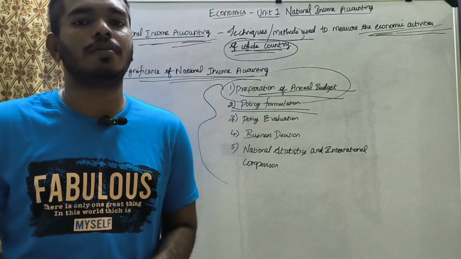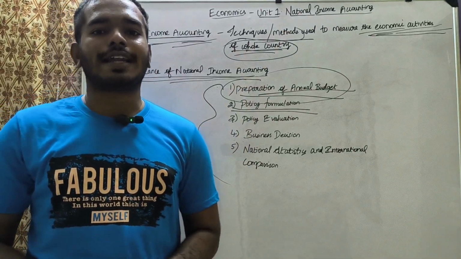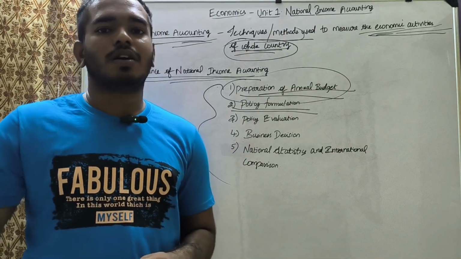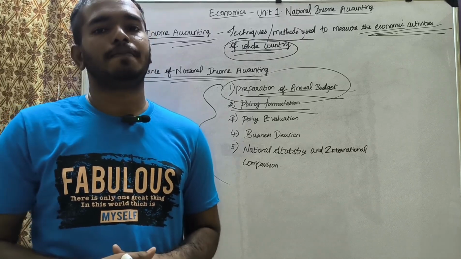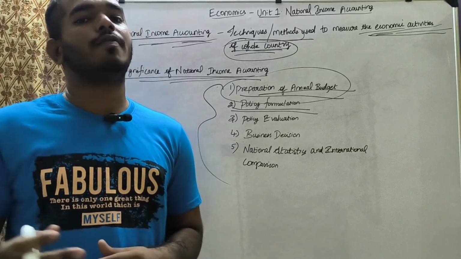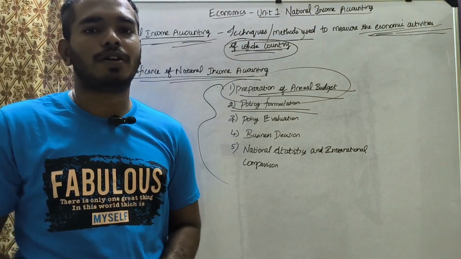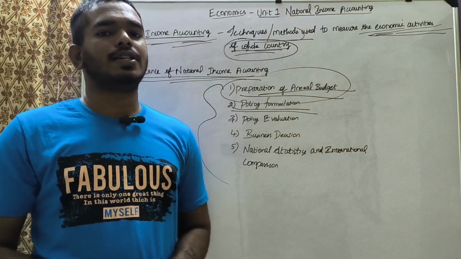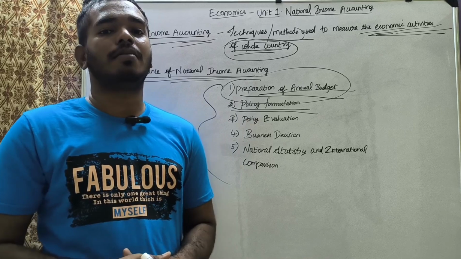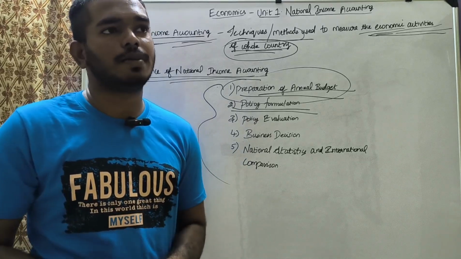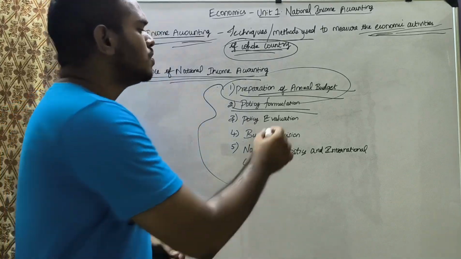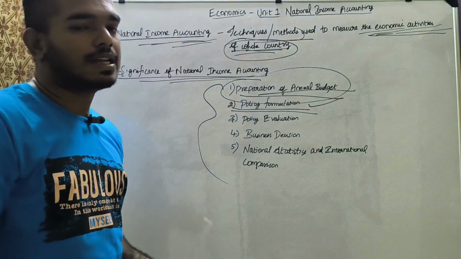Without knowing the national income, the government cannot calculate the expenses or the money involved for such a policy or predict the income from it. So for any policy formulation on the part of a government or any organization, knowing the national income is a must. For that purpose, we need to calculate the national income.